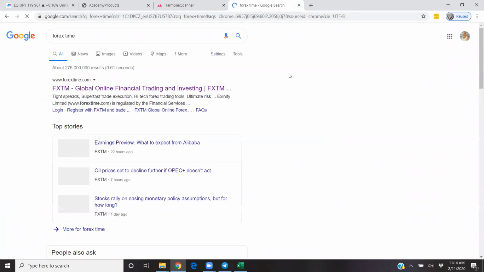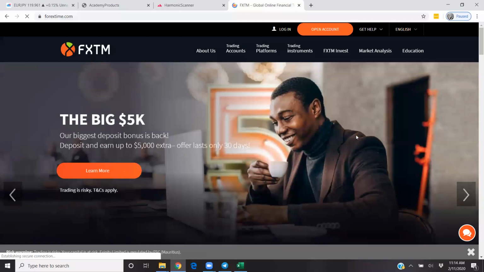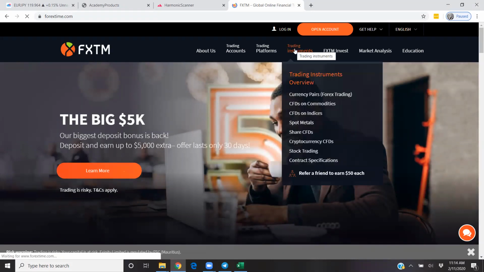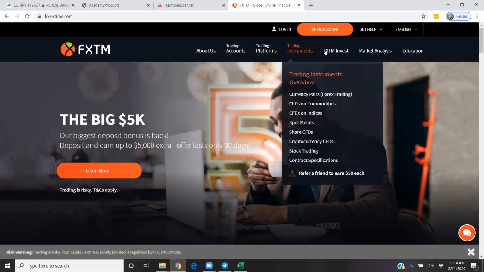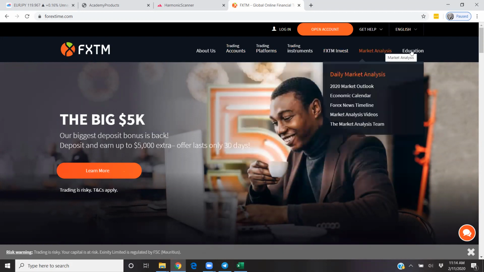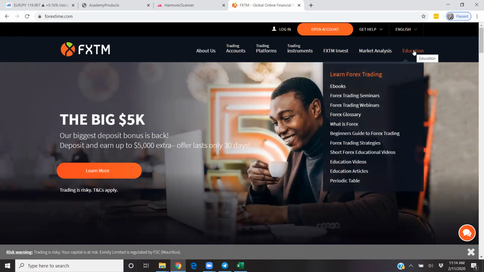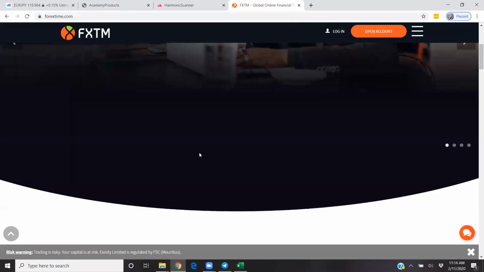I really like this calculator that they have on forextime.com. They have an app that you can download on your phone as well. I usually use this on my phone, so.